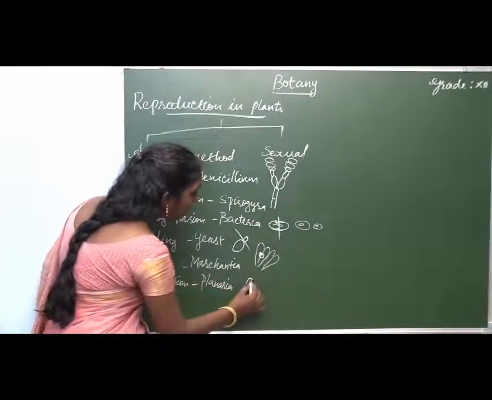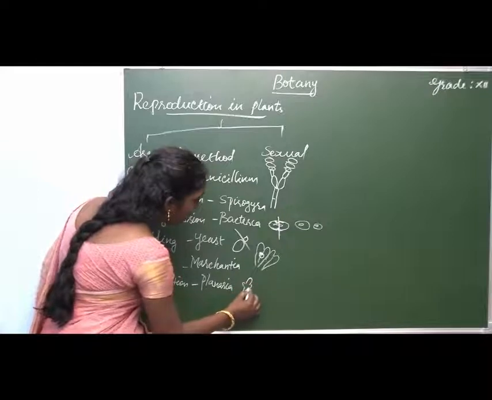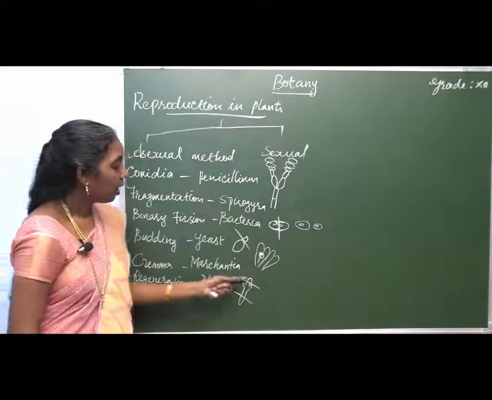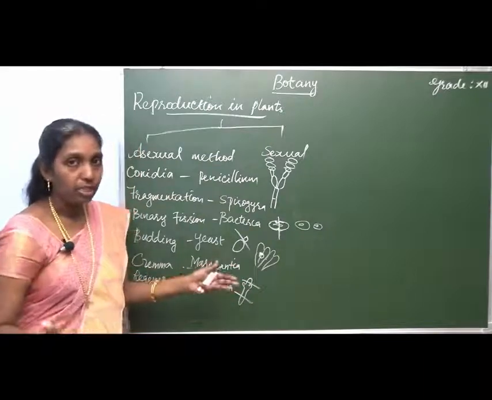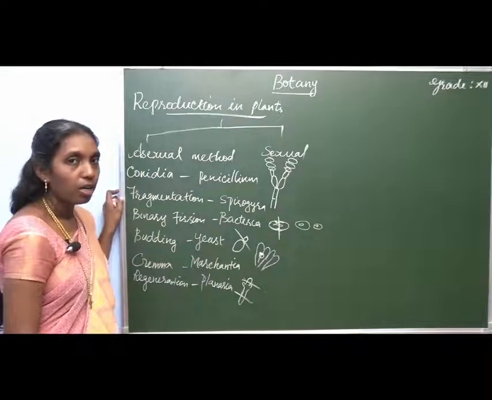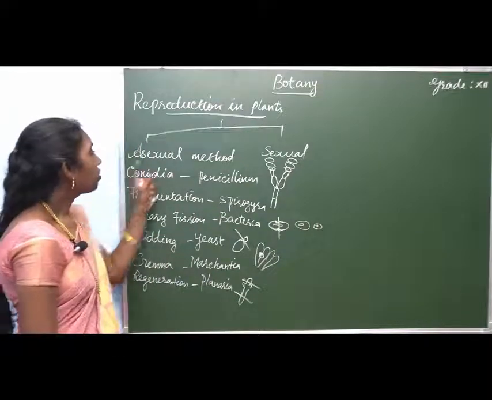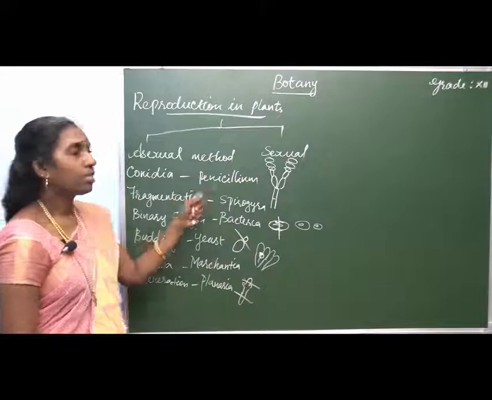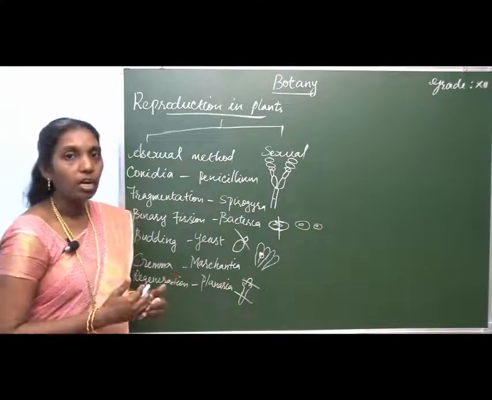Regeneration is observed in planaria. Here, when the body is cut into different pieces, the head part or the tail part, each piece has the ability to develop into a new organism. So, these are all methods of asexual reproduction.